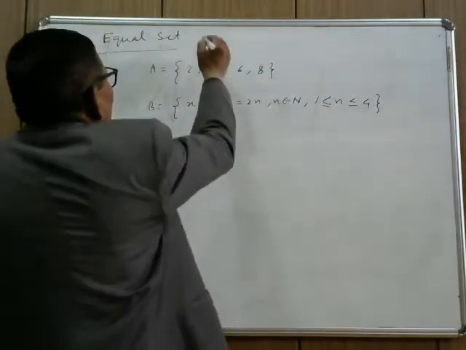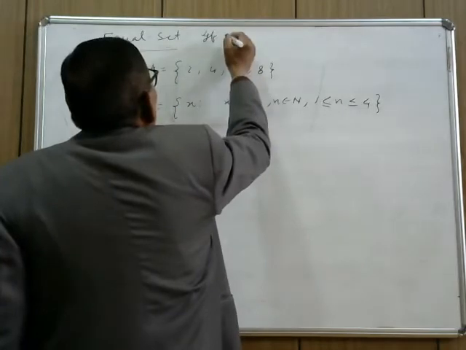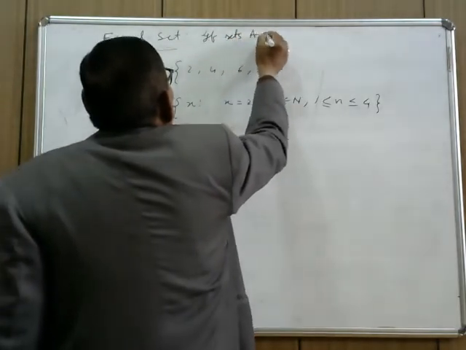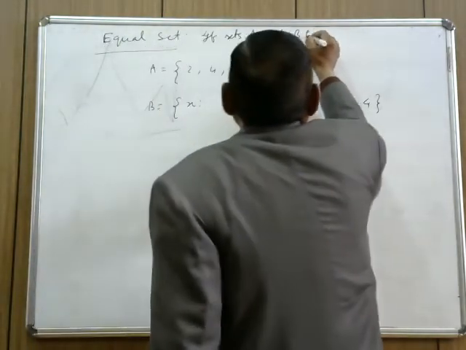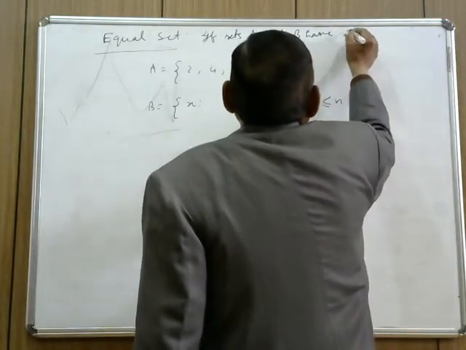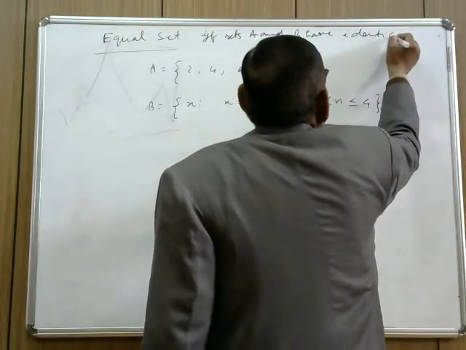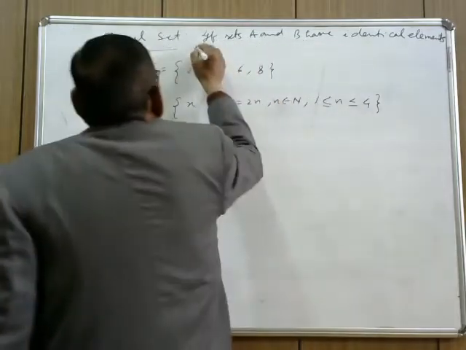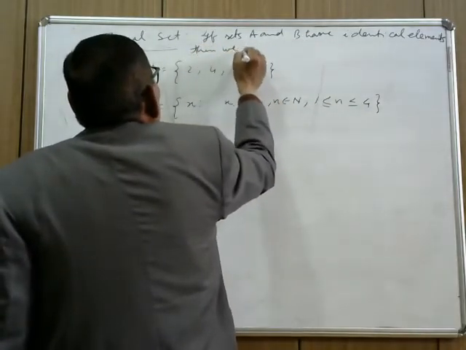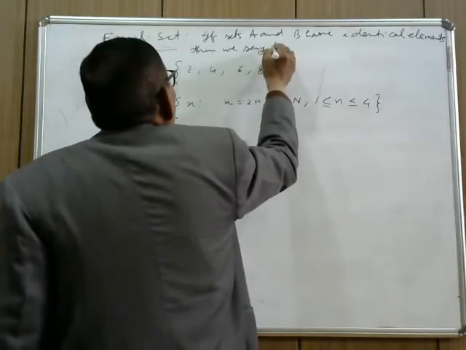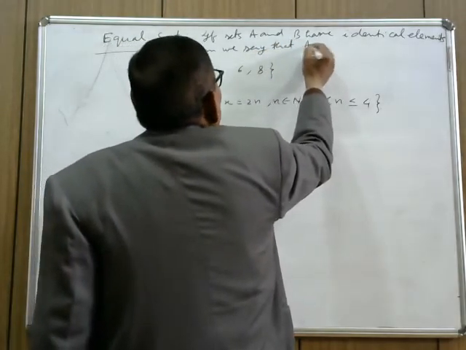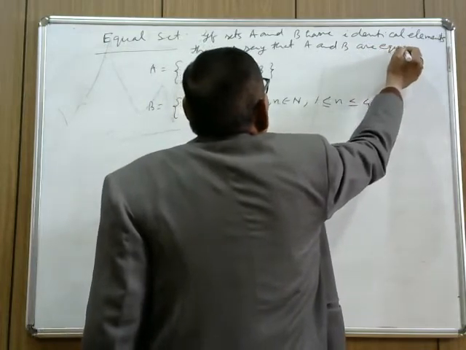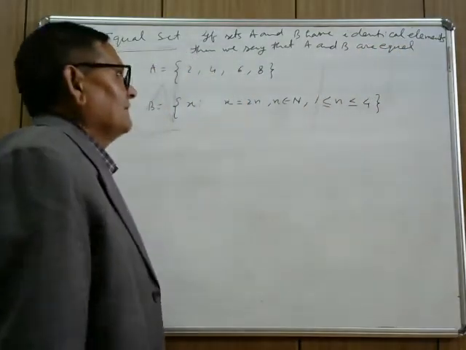Equal sets: if sets A and B have identical elements, then we say that A and B are equal. This is the definition of equal sets.